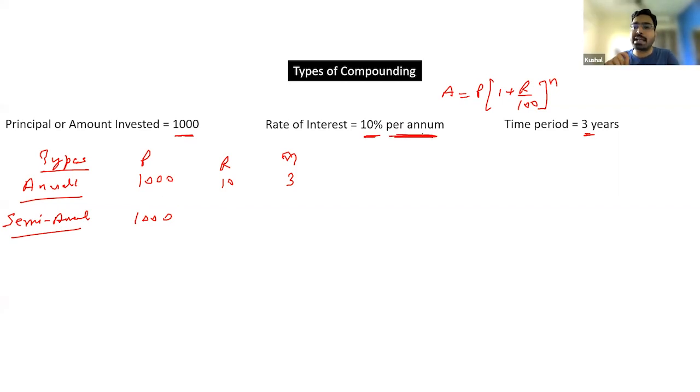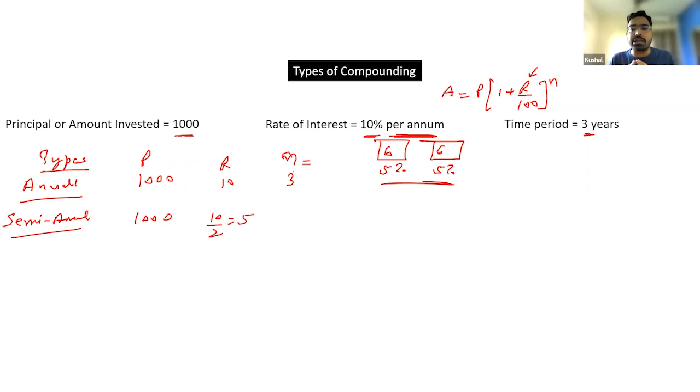That means for 6 months, in 1 year I should get a total of 10%. So in the first 6 months, I'm going to charge you an interest at 5 percentage points. And in the second 6 months, I'm going to charge you an interest at 5 percentage points. So in your formula, the value of R that you will now be using will be 10 by 2, which is 5.